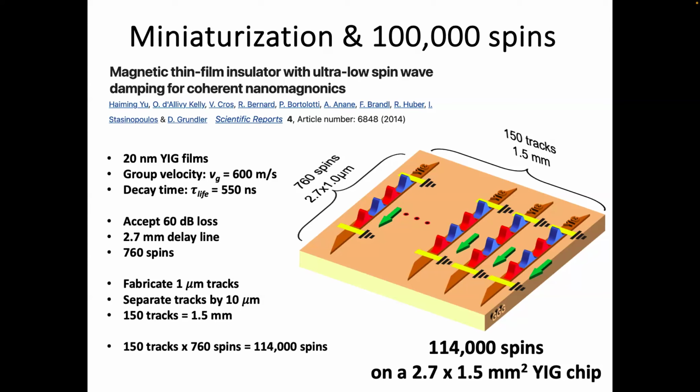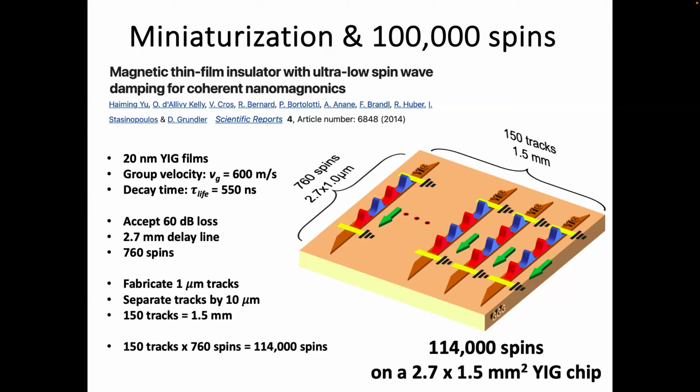If you go well below this, you can have tracks that are 50 nanometers, but then damping goes up again a lot and things change. But we believe that 1 micron tracks should be fine. If we separate them by 10 microns, we should not have any crosstalk. We could probably relax this a little bit as well. So within a distance of 1.5 millimeters, we should be able to have 150 tracks.